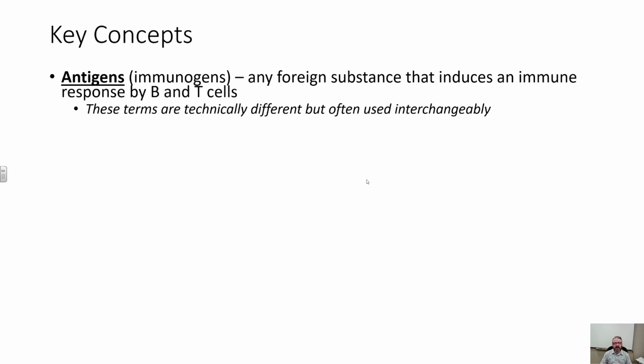Now, to understand how the third line works, there's a few key concepts that you have to know. The first is that the third line responds to specific antigens. Sometimes these are called immunogens, and although these are technically different, these two terms are very often used interchangeably. So typically, unless someone's being very technical, the term antigen and immunogen are largely used interchangeably.